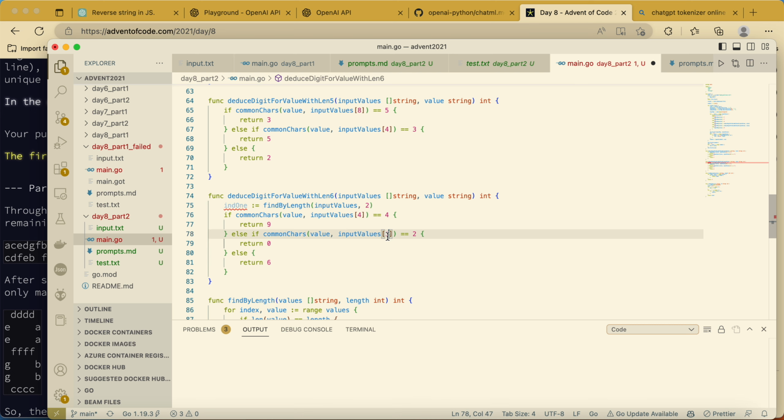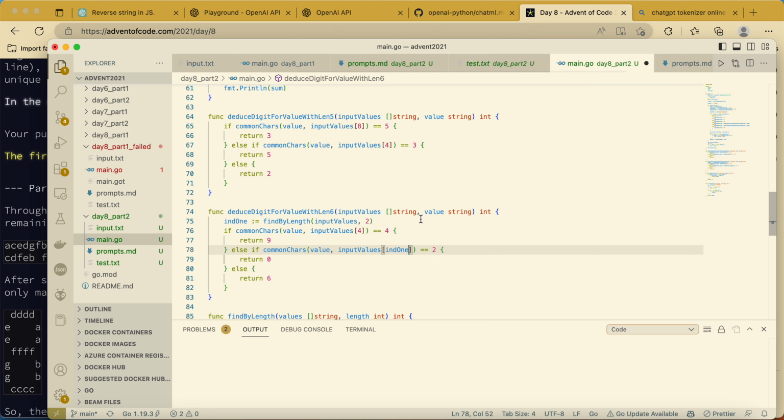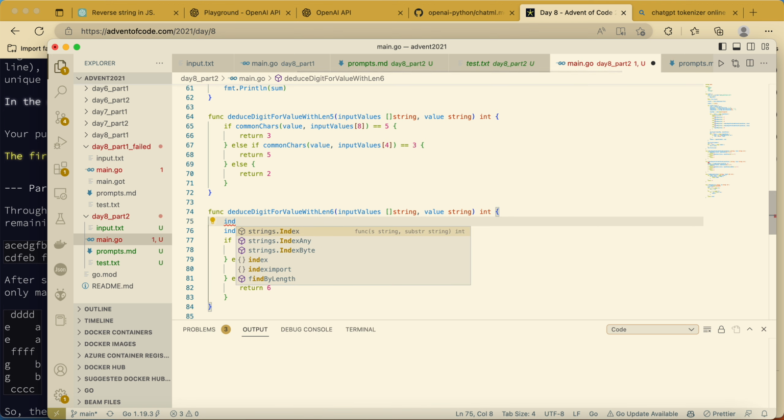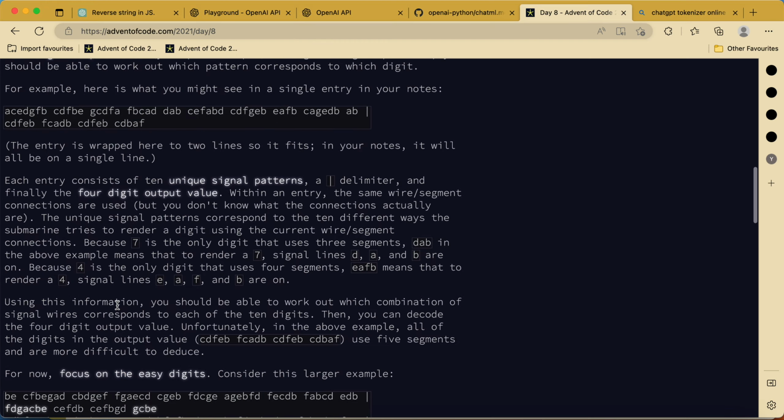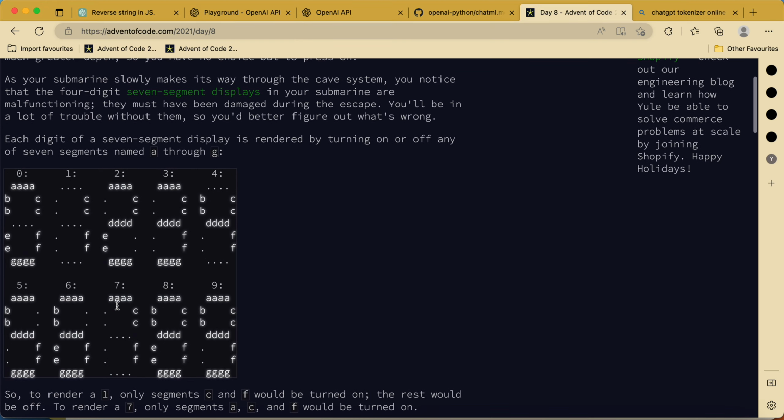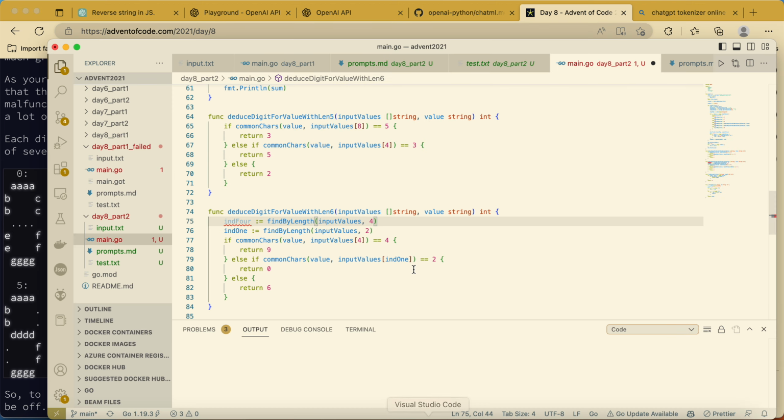In this case I will use it here, and index 4. Let me double check what was the size of 4, if that's correct. Yeah, 4 was with length 4. Index 4.